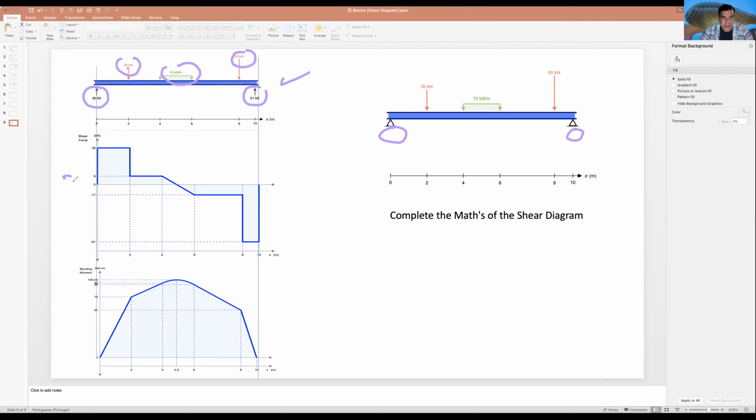Then you calculate the shear. You need to understand how to calculate the shear because this area of the shear is this number, and this area is the area 1 plus the area 2. You need to have the shear correct to have the moment correct.